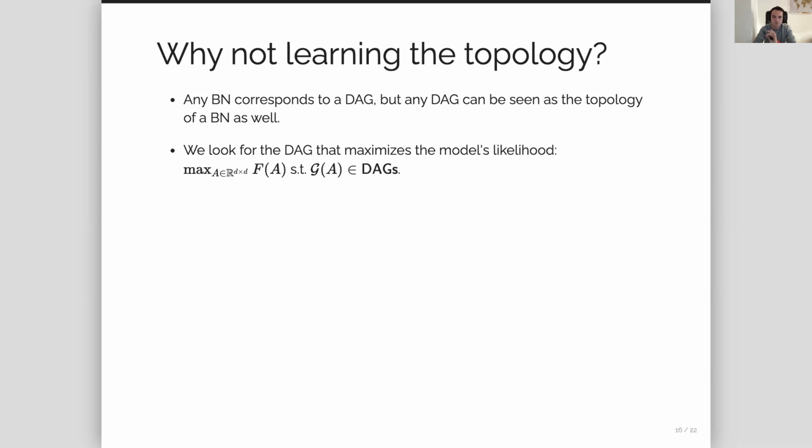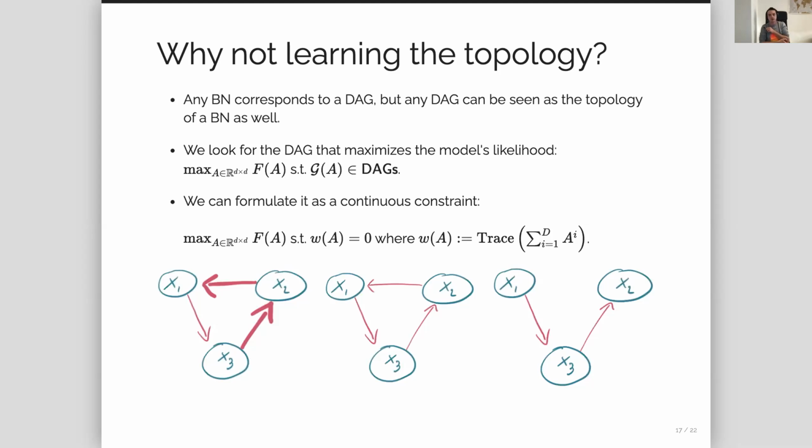So it may first seem very complicated to solve this kind of optimization, but good for us, we can reformulate the combinatorial problem into a continuous constraint, if we relax the adjacency matrix to contain real positive values instead of Booleans.